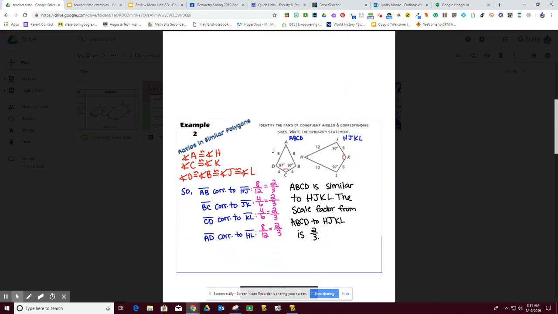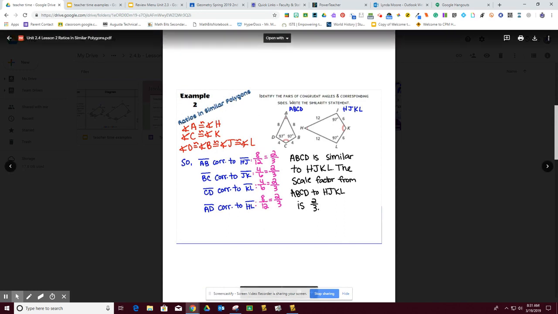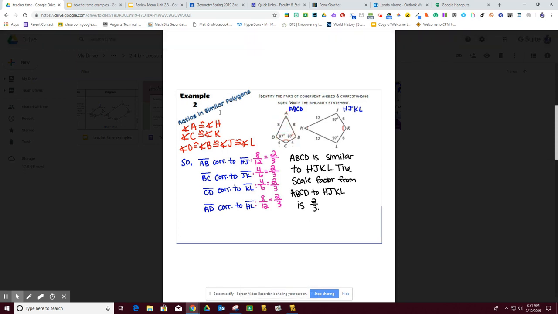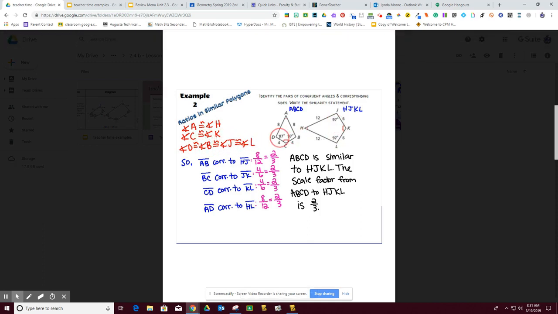When you look at the second example, it says identify the pairs of congruent angles and corresponding sides and write the statement of similarity. So one more time, we've got opposite angles are congruent, so we know that that's the case. We know that all of these angles are going to be equal because we have 97 equals 97. And then we write down the ratio of the sides, and they all reduce to the same thing.